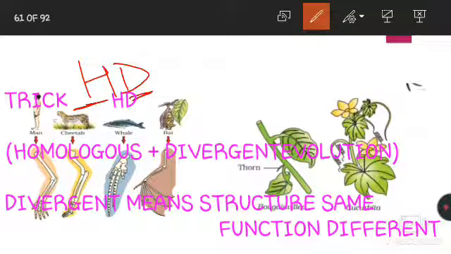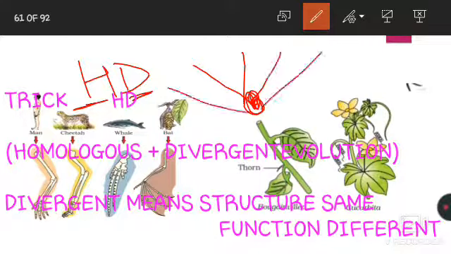That means structure is same but function is different. That means there will be a common ancestor from which the structure evolved and acquired different functions.